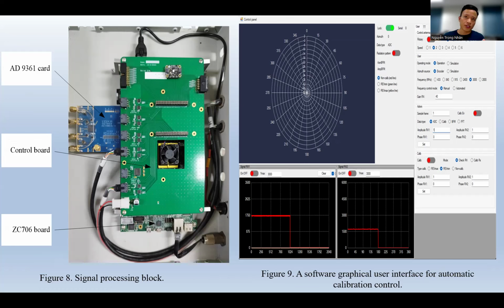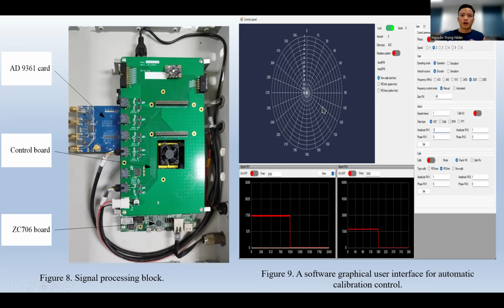The signal is received from the two receiving antennas using the AD93 one card, and then the signal from this card is transferred to the ZC706 card to determine the phase shift or draw the radiation pattern of the received signal on the laptop when using the RevMax, RevMin methods and non-calibration.